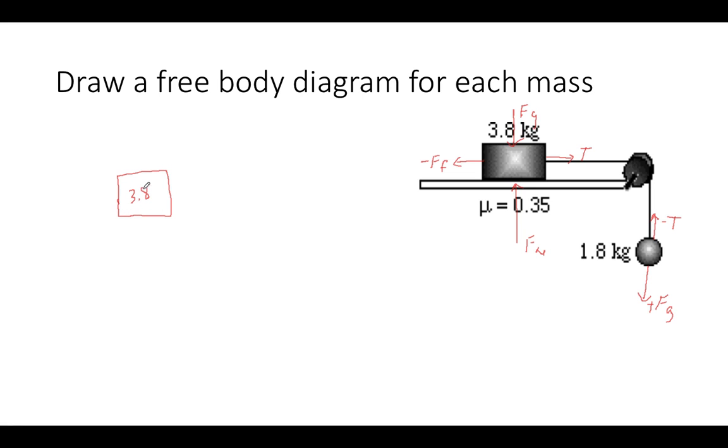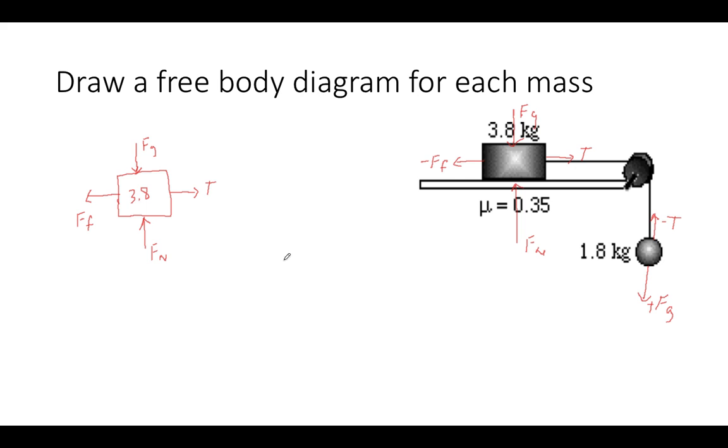So if we wanted to draw a free body diagram for each mass, we could. The 3.8 kilogram mass, we have the force of gravity, F normal, tension, and F friction.